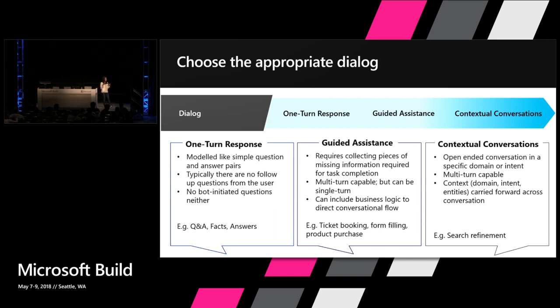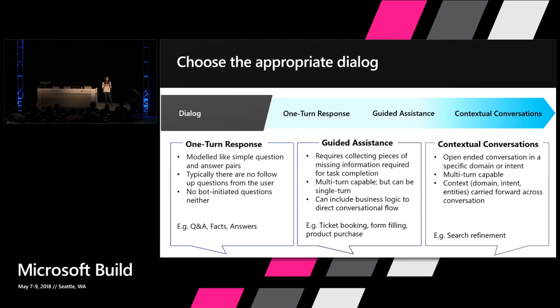The second type is more for task completion, the guided assistant dialogue. In that scenario, the bot needs to collect a bunch of missing information in order to get a task done, so that's how you design this guided assistant experience. Typically it's multi-turn, but it also depends.